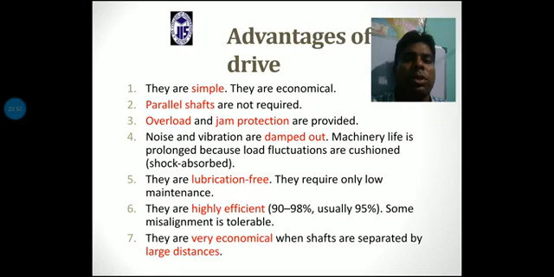Point number seven, they are very economical when shafts are separated by a large distance. So for those cases, they are very economical.